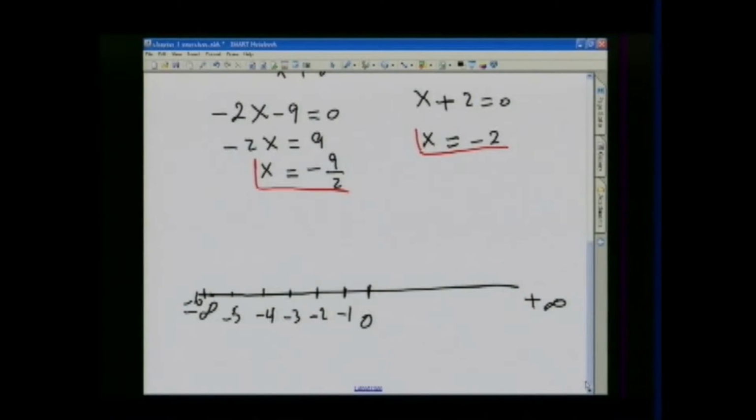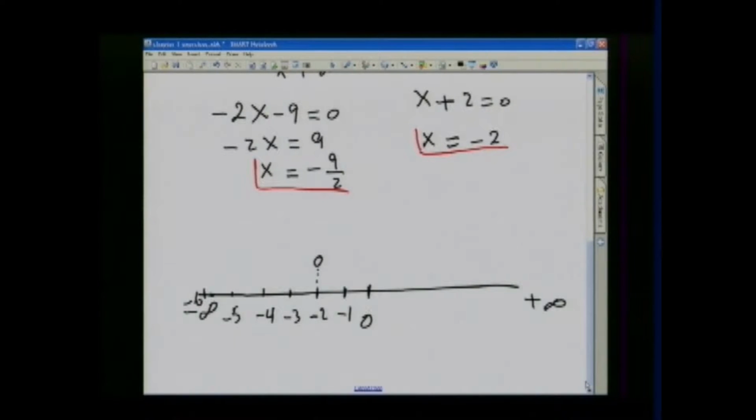First, for the denominator, for x equal to minus 2, the denominator is 0. So you put here 0.